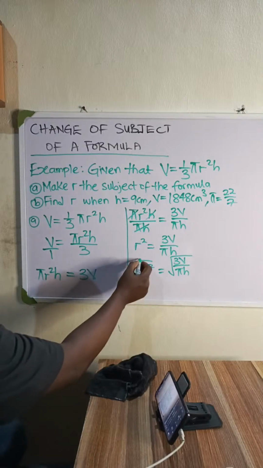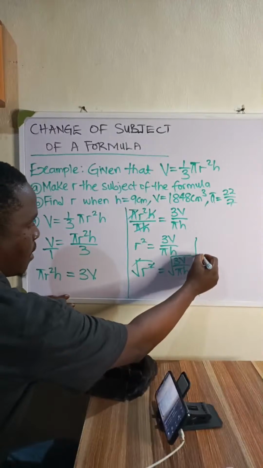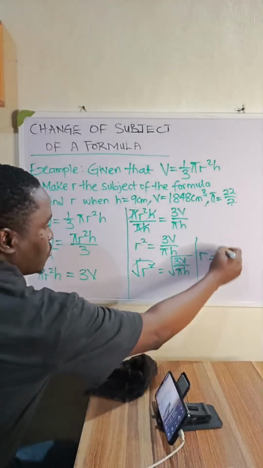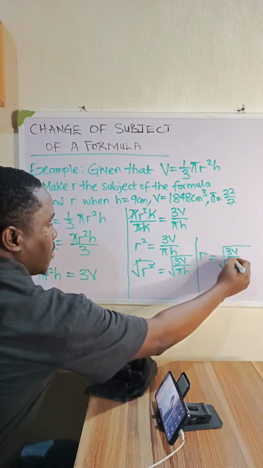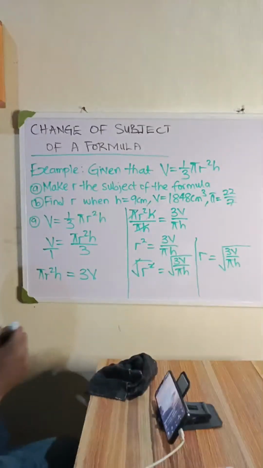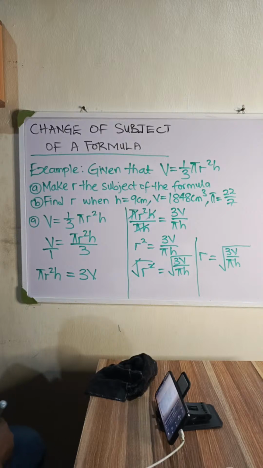So square root is going to cancel out square. This means R is equal to square root of 3V all over pi H. So now we've made R the subject of the formula.